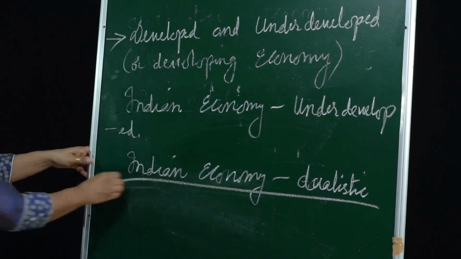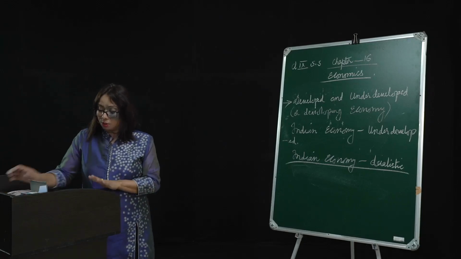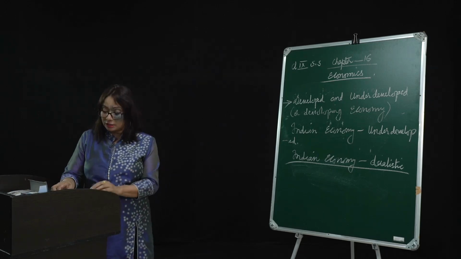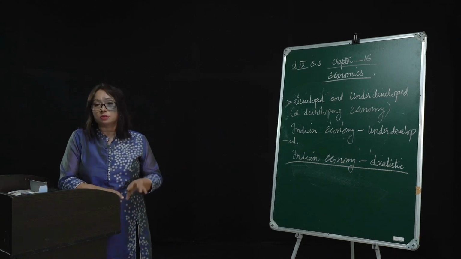As the term suggests, dualistic means two, presence of two, dual. So Indian economy, a dualistic economy. What does dualistic mean? Dualistic means the existence or the presence of two, that is traditional as well as modern.